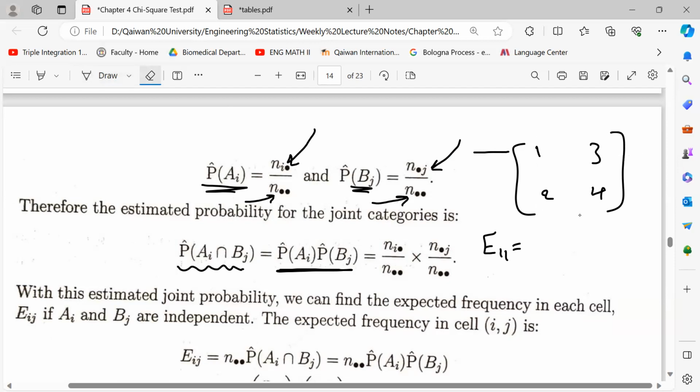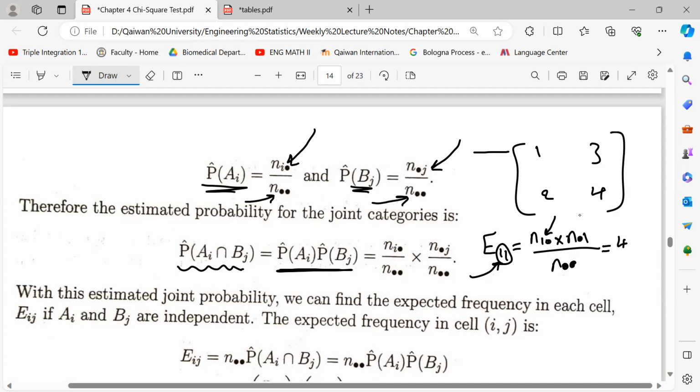That's the rule. It is n 1 dot times n dot 1. Look at this index. The first one is i, the second is j. It's E11. We always count rows first, then columns. Dividing by n double dot. We can get these easily from the table. N1 dot is the first row. The sum of elements in the first row is 4.